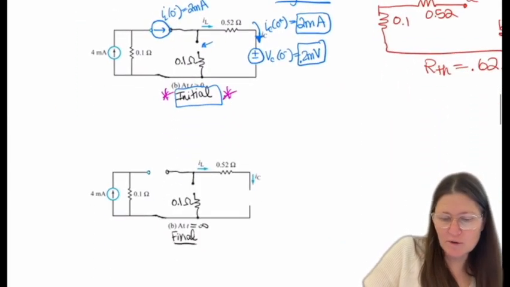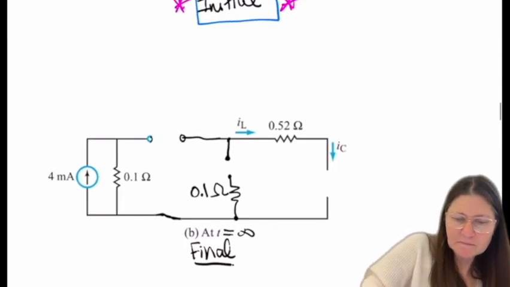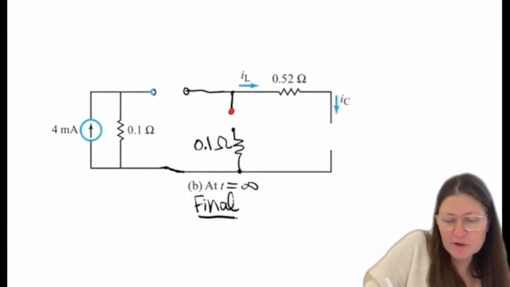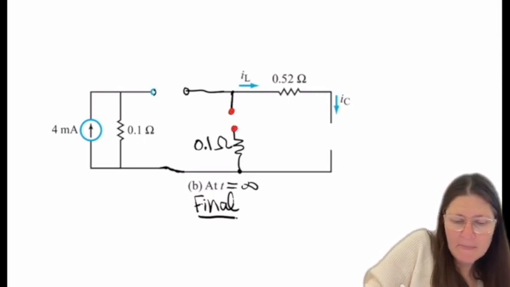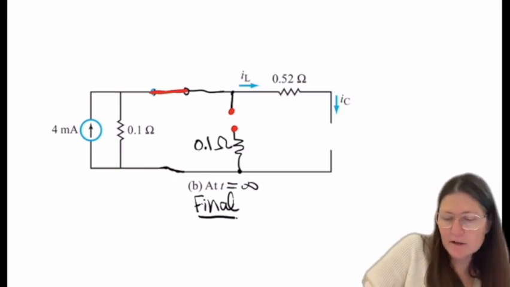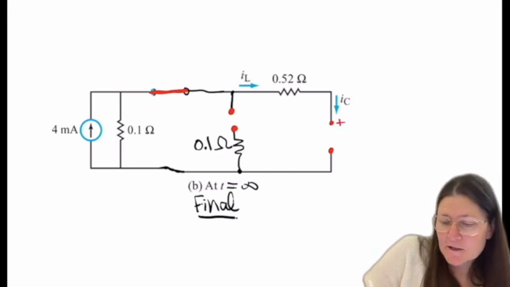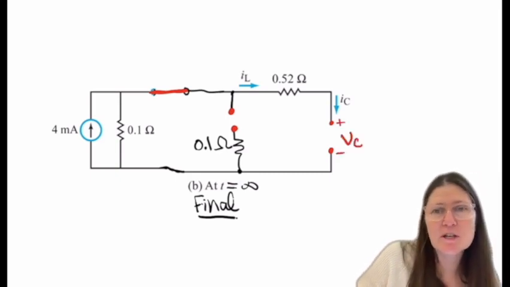Then we need to know the final value. For the final value, the switch is open. The inductor sat there for a long time, so that becomes a wire, and then the capacitor is open. So now I need to know the voltage here, VC.